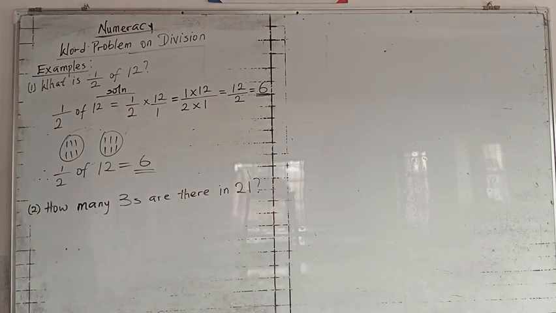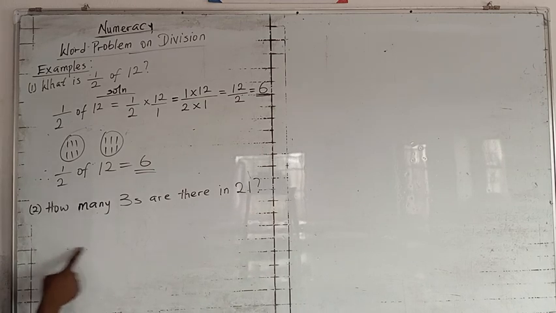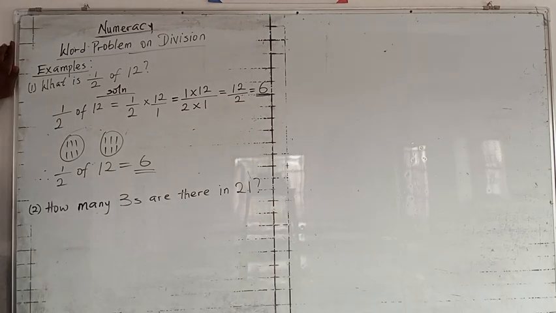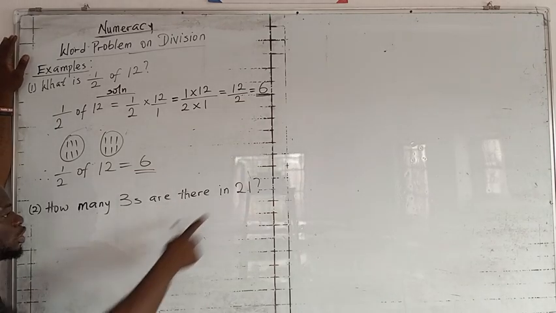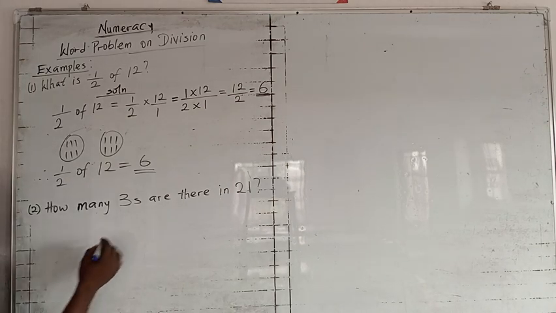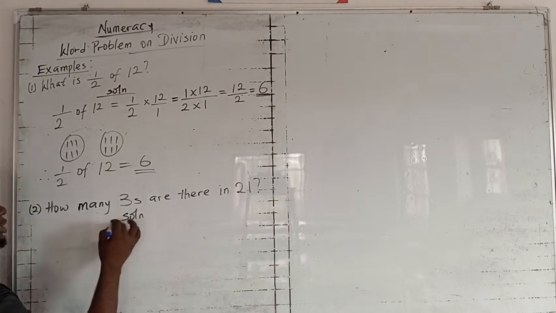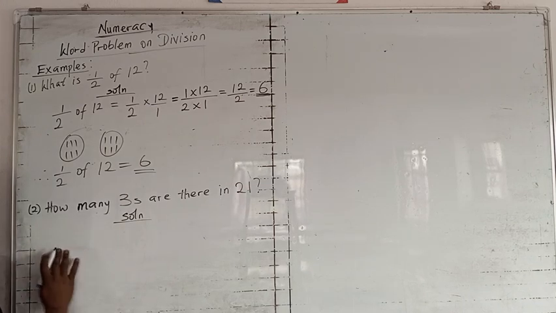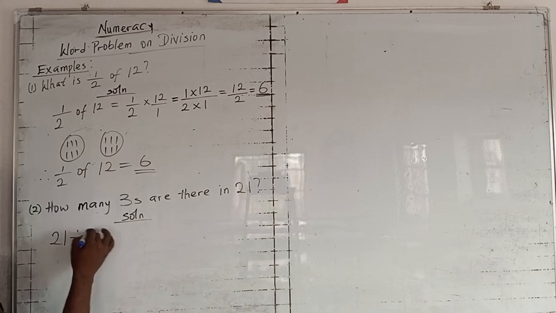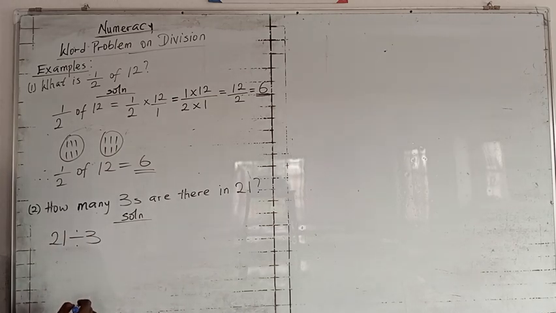So what do we do here? We find the number of threes that make up 21. To simply do it, we do 21 divided by 3. That gives us the number of threes in 21. Since the question says how many threes are there in 21, we can simply put this as 21 divided by 3.